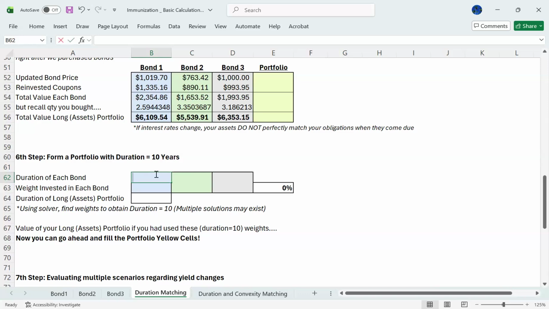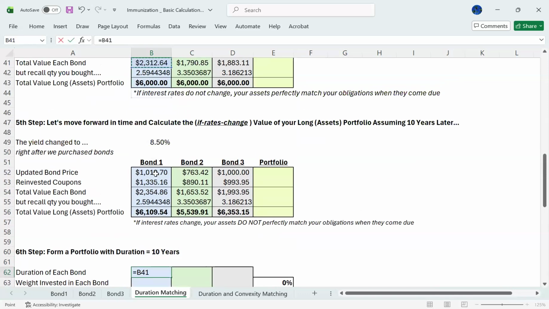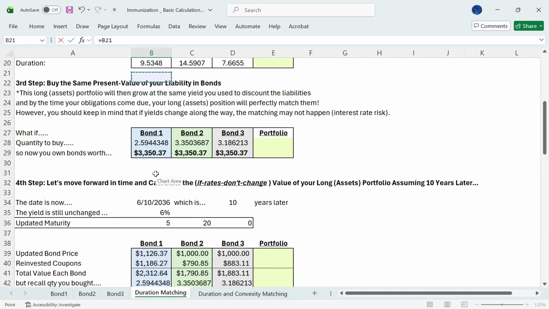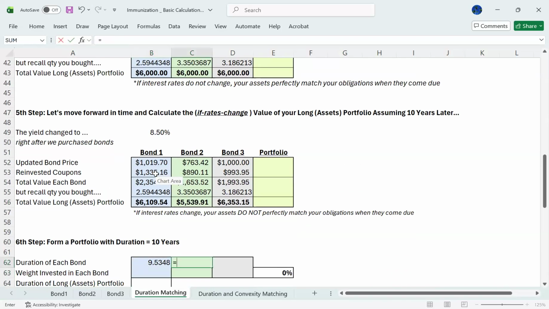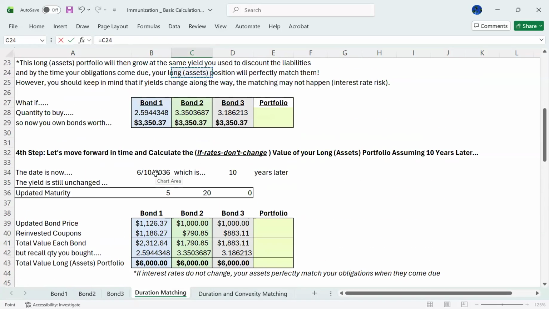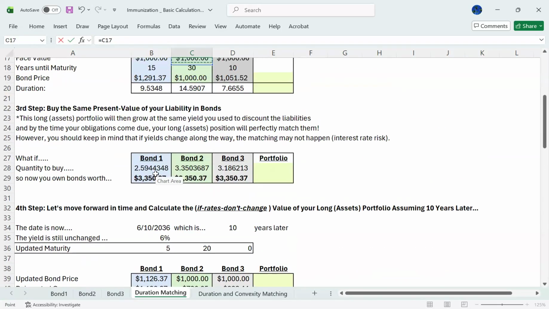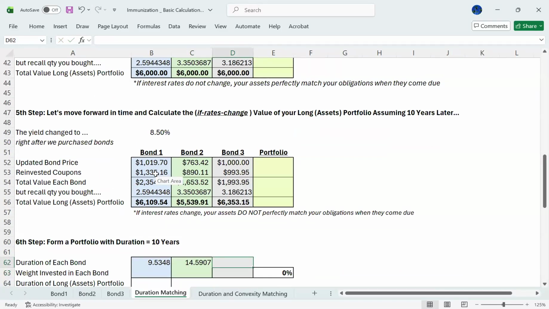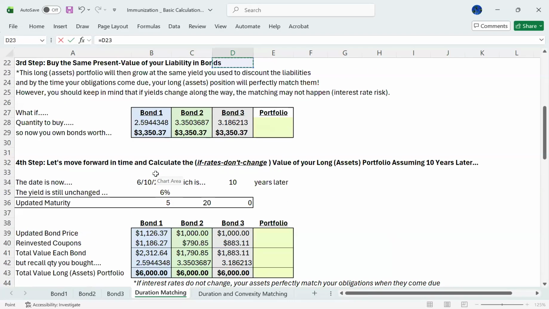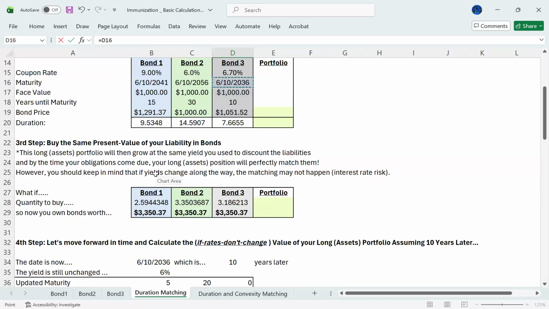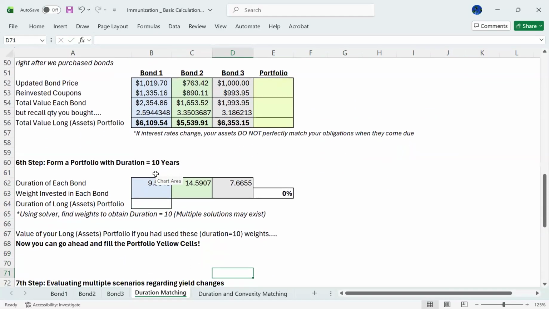Okay, so now let's look at the duration of each bond. I'm going to take it from up here. Okay, here, and now I have the three durations, and here. And then I can do this in two ways.